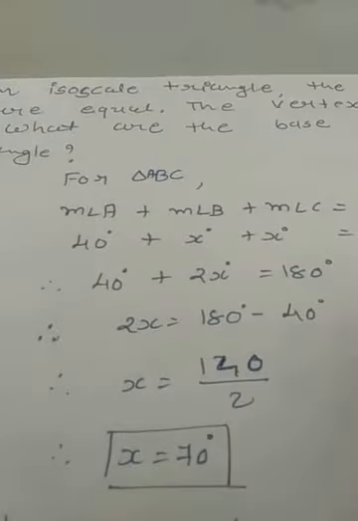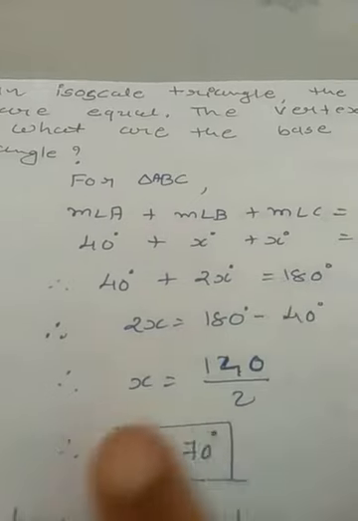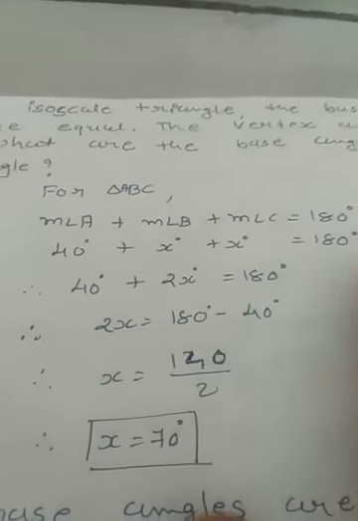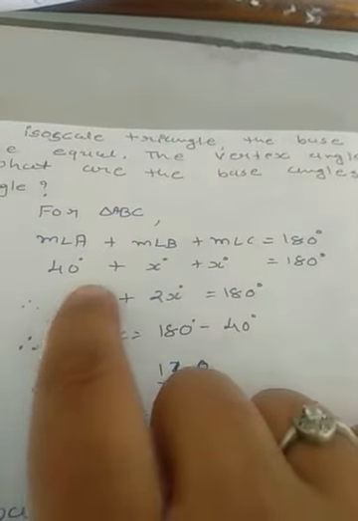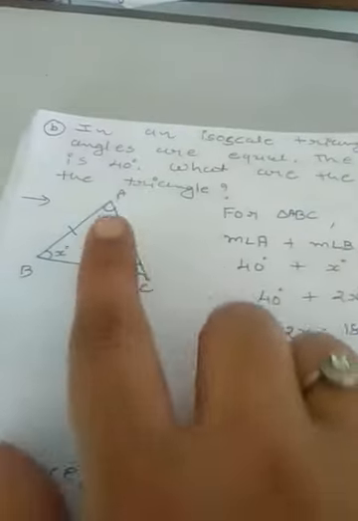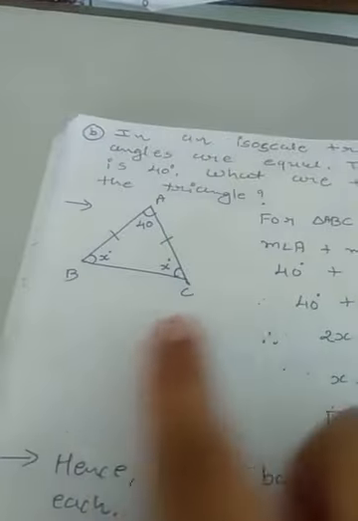So now what do we have to do? We have to find the value of the angle. For triangle ABC, the measure of angle A plus B plus C equals 180 degrees, that we know. Now put the values. Angle A is 40, B and C are x and x.